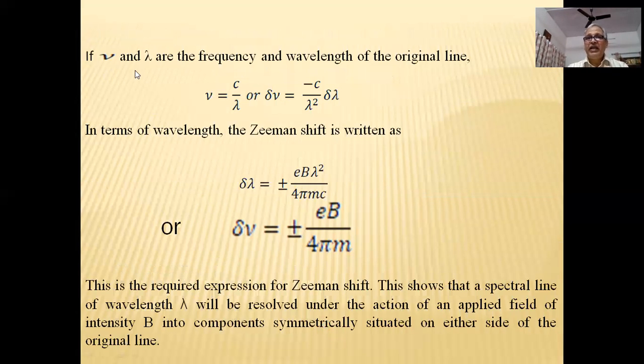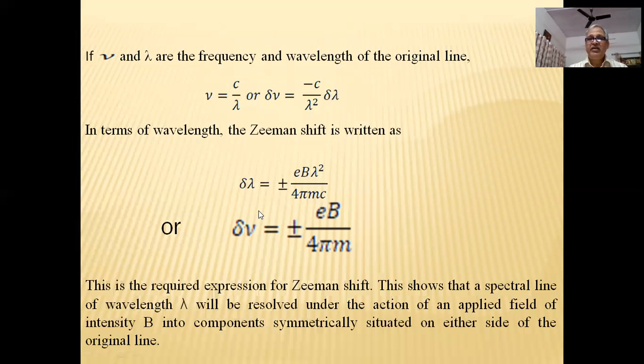If nu and lambda are the frequency and wavelength of the original line, then nu equal to c upon lambda. We differentiate this: delta nu equal to minus c upon lambda square delta lambda. In terms of wavelength, the Zeeman shift is written as delta lambda equal to plus minus eB lambda square upon 4 pi mc.